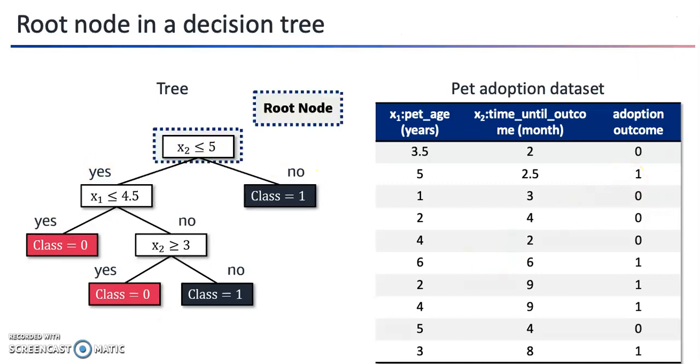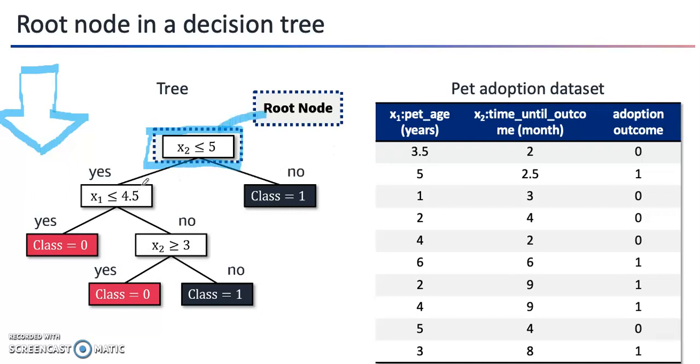So there is definitely a sense of direction as one would navigate or traverse the tree. The idea with trees is that you're always going from top to bottom. The initial node starts with this condition, and that node is called the root node.